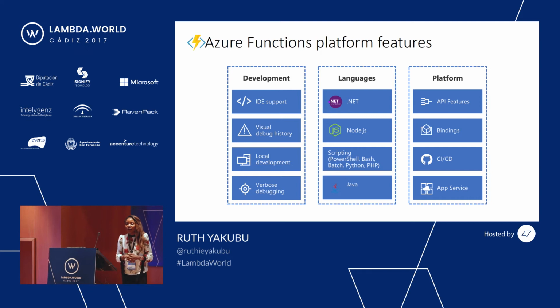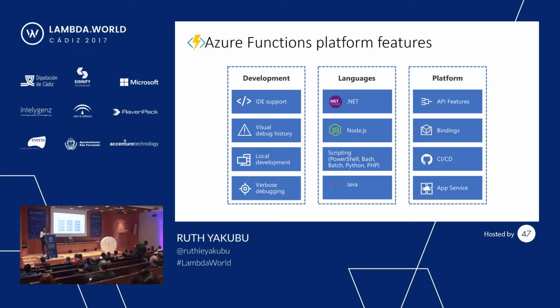predecessor for Azure Functions. So as you can see, the languages that Azure Functions support are a lot of open source. It supports .NET, it supports Node.js, it supports PowerShell, Bash, Python, PHP. Recently, we announced the support for Java.